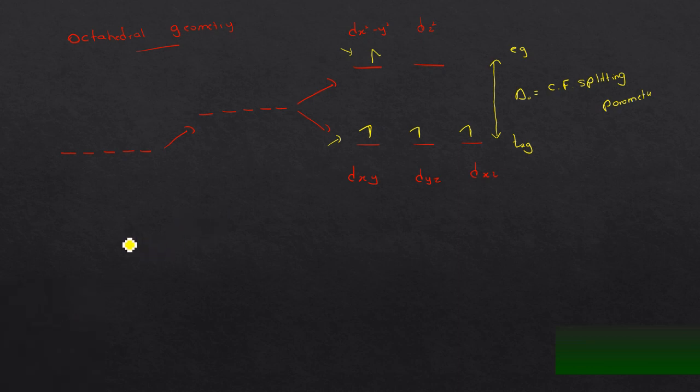There are two scenarios. The first one, delta O is smaller than the EP, which means that this gap energy barrier is much smaller than the pairing energy.